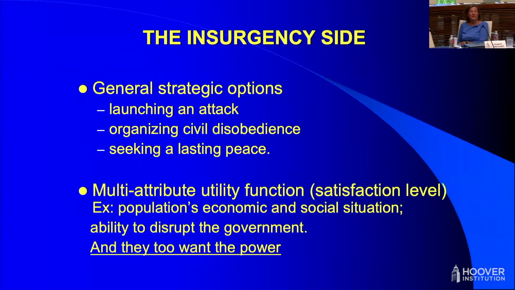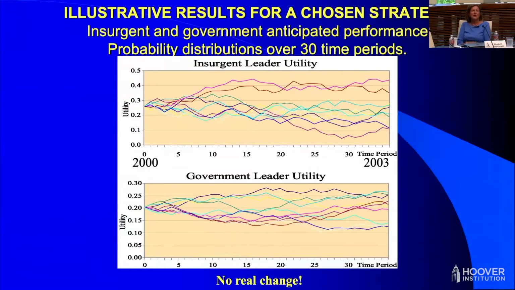And they too wanted power. So these are curves that represent along the time axis for 3 years the utility of the leaders and the insurgents following a particular policy strategy of the government.